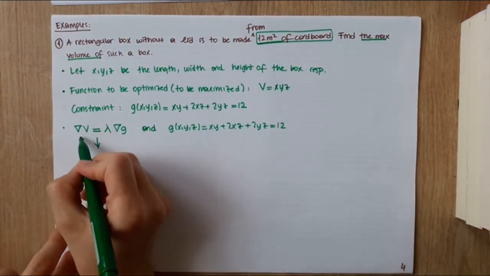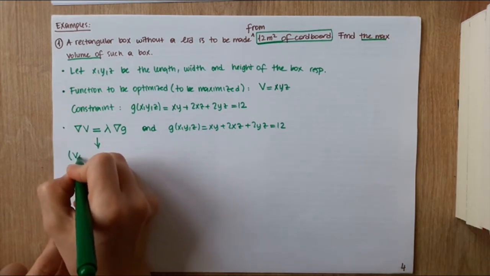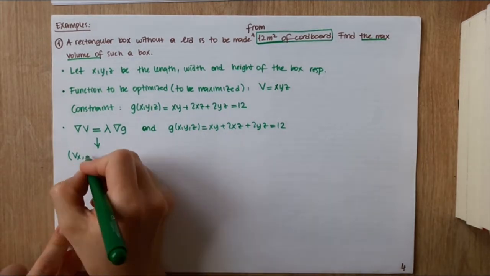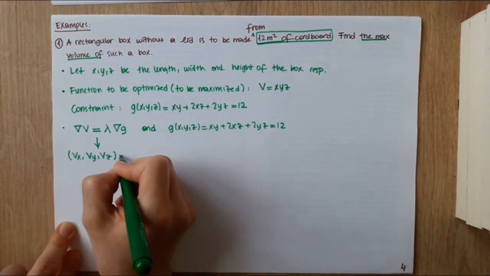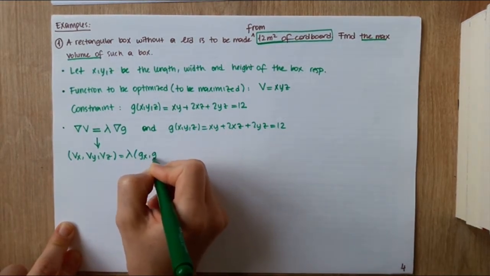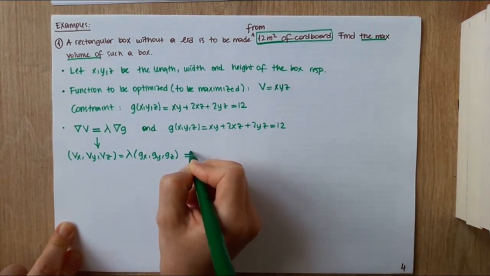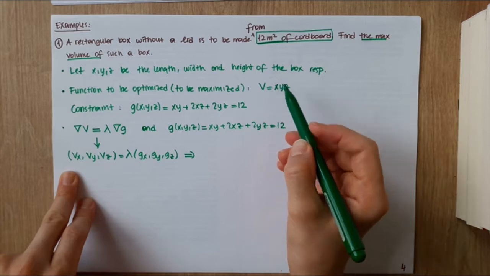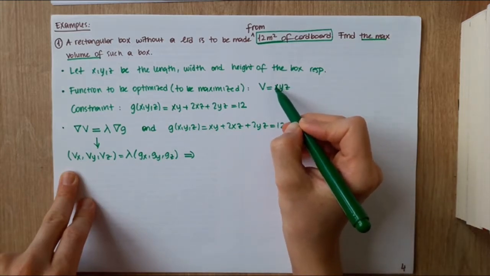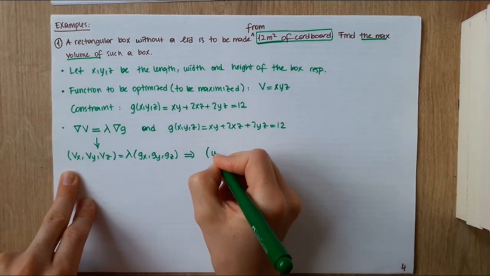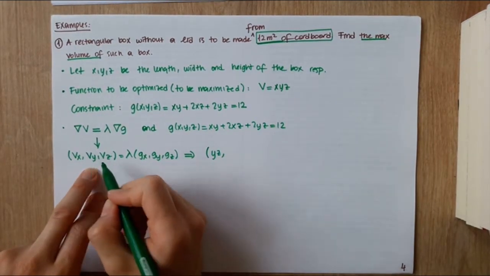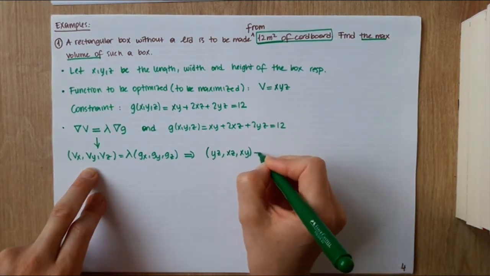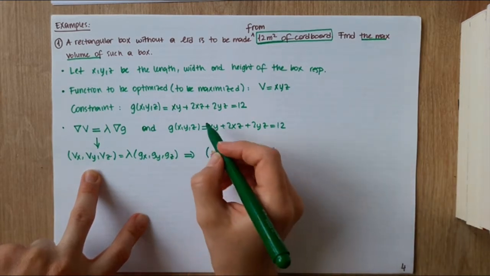So let's look at that part. First of all, the gradient of f means the first partial derivatives of f with respect to x, y, and z in the components respectively. So I have this, and here I have g sub x, g sub y, and g sub z, right? So let's try to find the first partial derivative of f with respect to x. Here y and z are constant, and the derivative of x is 1, so I have yz in the first component, and the derivative with respect to y will be xz, and the derivative of f with respect to z is xy, equals lambda times the derivative of that function.